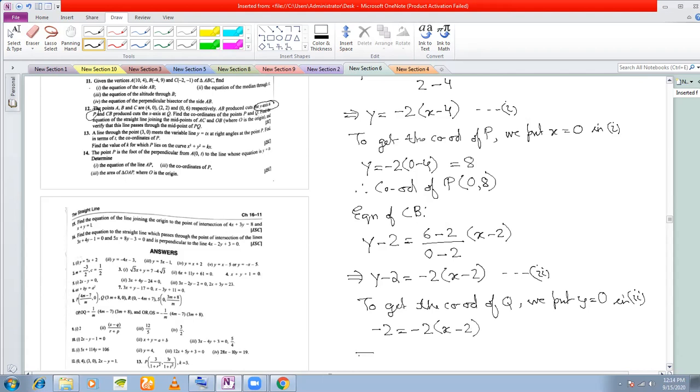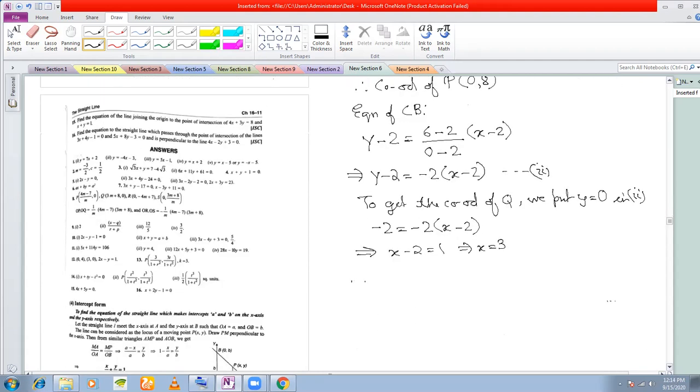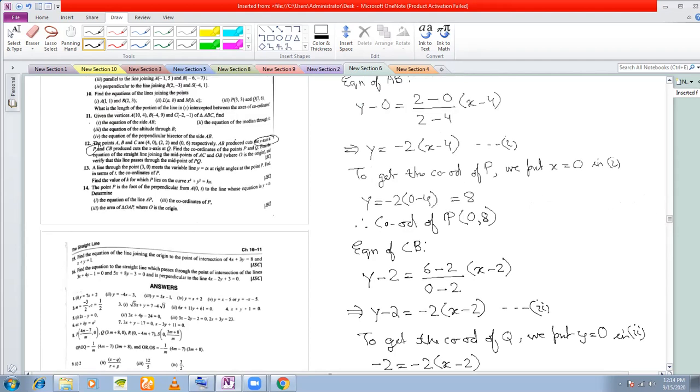So that means x minus 2 is equal to 0, that means x is equal to 2. Therefore, the coordinates of Q are 3 comma 0. So we got the coordinates of P and Q both, and the first part of the question was to find the coordinates of P and Q.